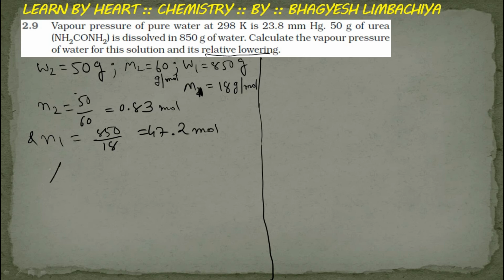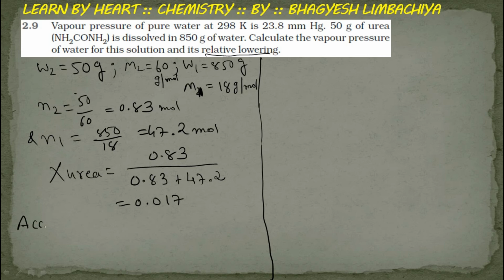So the mole fraction of urea will be 0.83 divided by the sum of the number of moles of solute and solvent, that is N2 and N1. So finally we are getting 0.017.